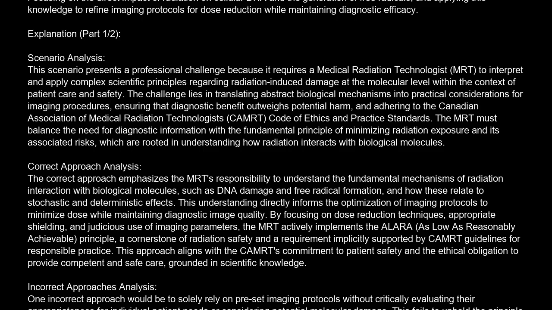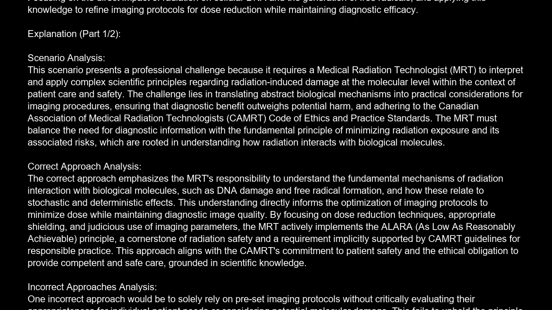By focusing on dose reduction techniques, appropriate shielding, and judicious use of imaging parameters, the MRT actively implements the ALARA, as low as reasonably achievable, principle, a cornerstone of radiation safety, and a requirement implicitly supported by CAMRT guidelines for responsible practice. This approach aligns with the CAMRT commitment to patient safety and the ethical obligation to provide competent and safe care, grounded in scientific knowledge.